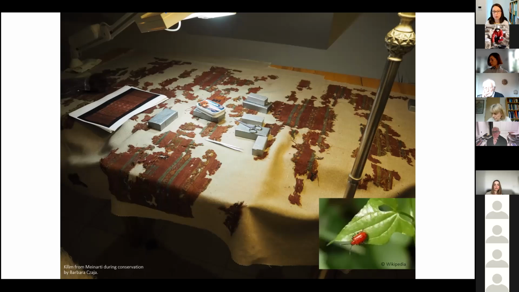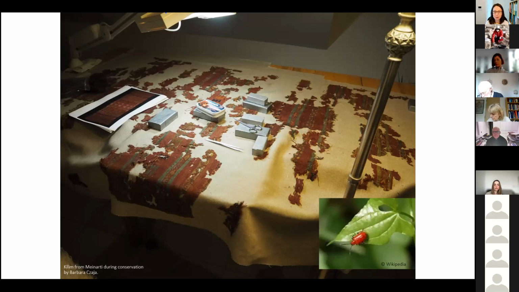So this was for us a good signal that we are on the good track, and that the presence of this animal insect dye was an additional argument to state that this kilim was imported by this nomadic tribe from the Maghreb. We were very satisfied to see our theory confirmed.